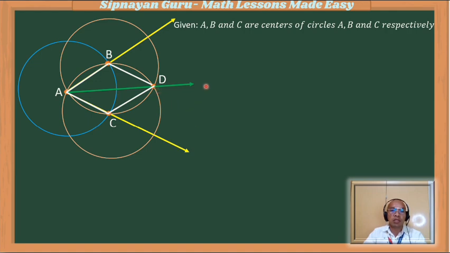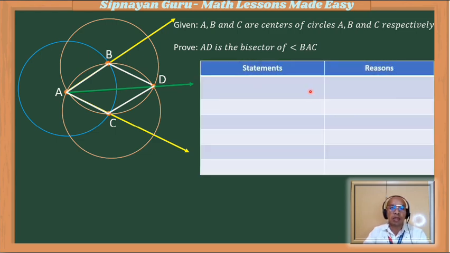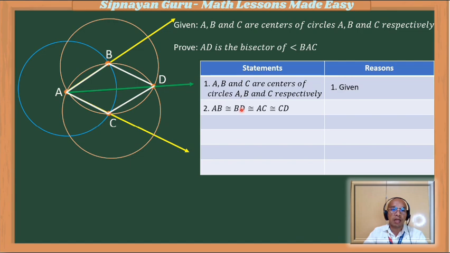Now, from this illustration, we can say that A, B, C are the centers of the three circles, circle A, circle B, and circle C, respectively. Our task is to prove that AD is the bisector of angle BAC. Now, again, we will do the two-column proof. So, the first would be the given. So, of course, the reason is given. Out from this statement, we can say that this segment is equal to this segment, and this segment.